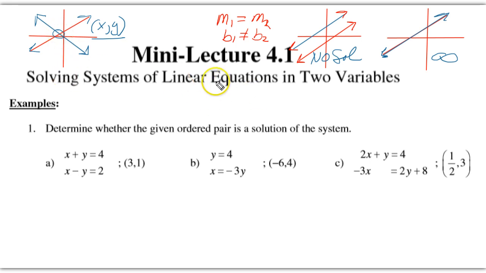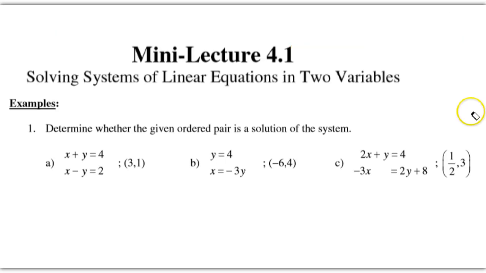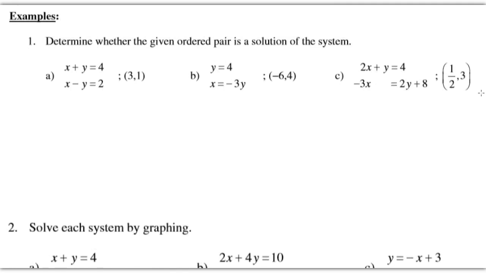So this is the background of what we'll be doing in Chapter 4, and particularly Section 1. Now the first thing they want us to do here is to see whether or not these ordered pairs that are listed below here, we can raise it up now a little bit, have a common solution.